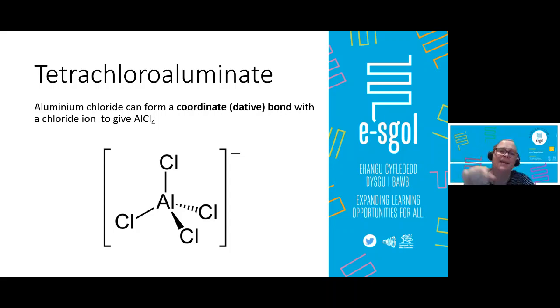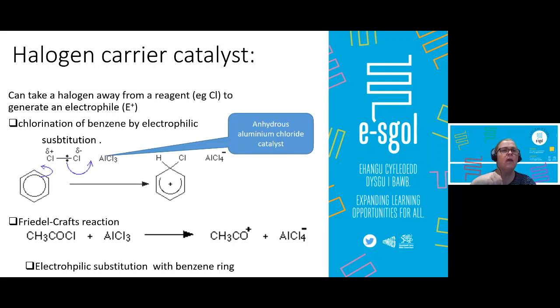The reason I've dragged this into what ultimately is a Unit 3 topic is I'm hoping that you are well into your organic chemistry now, and you've come across tetrachloroaluminate in its catalytic role, like the Friedel-Crafts reagents. So this shouldn't be unfamiliar to you.